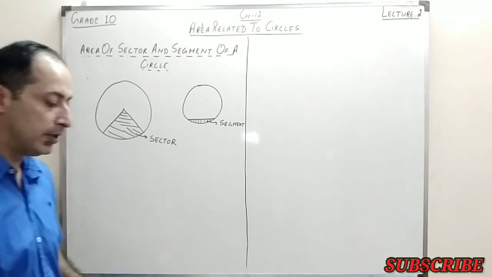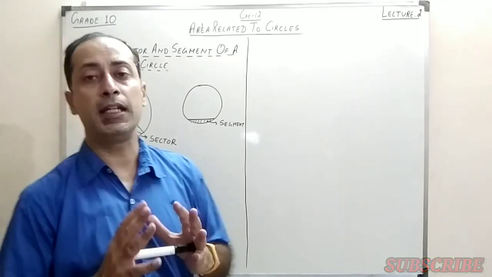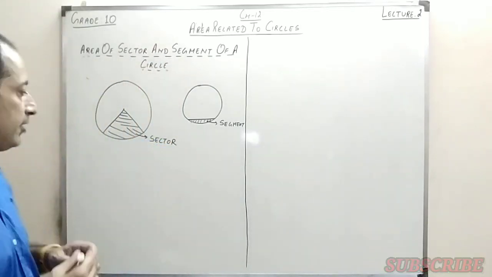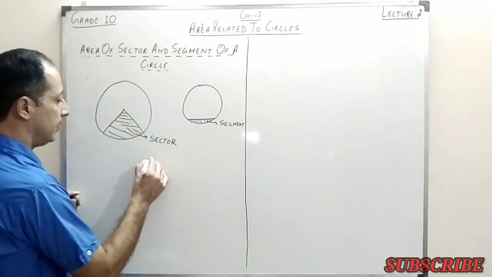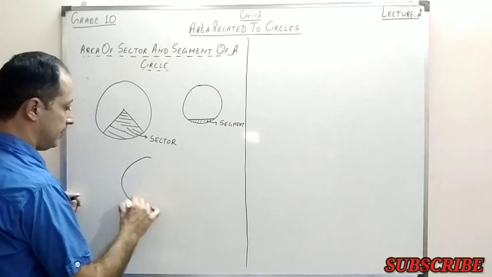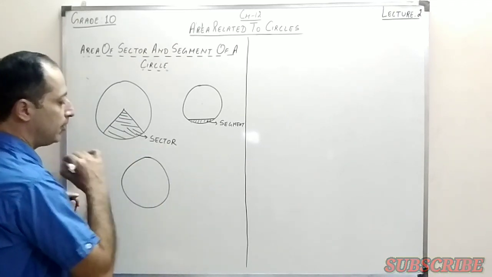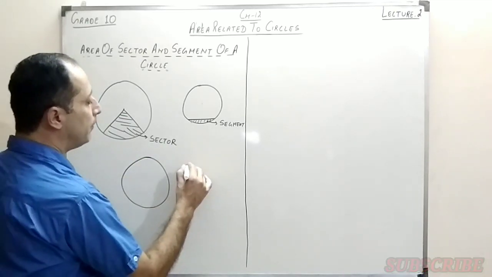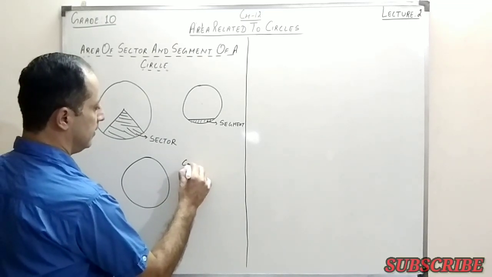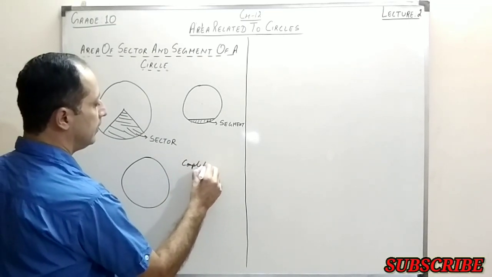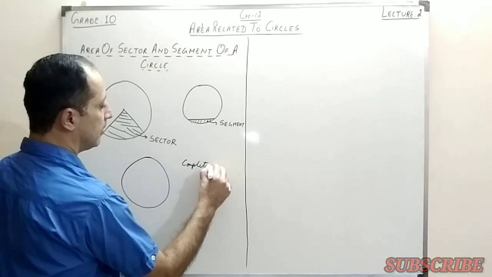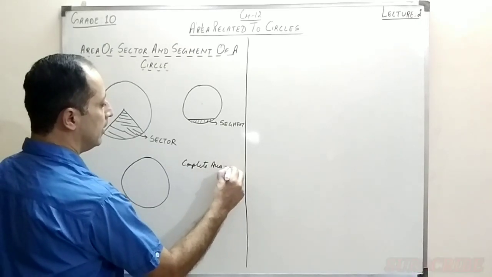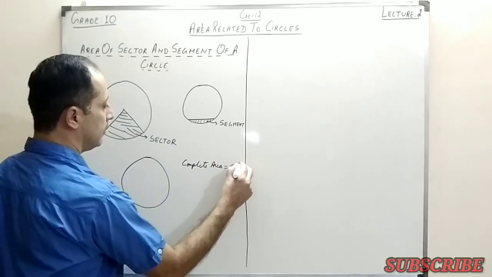Now we talk about how we can find the area of a sector. So let's begin from somewhere. We know that the area of the complete circle is pi r square.